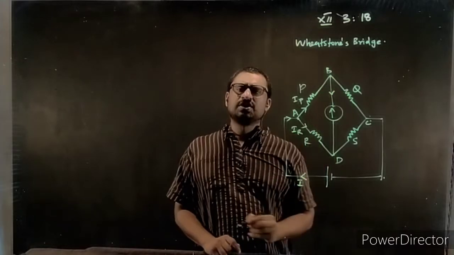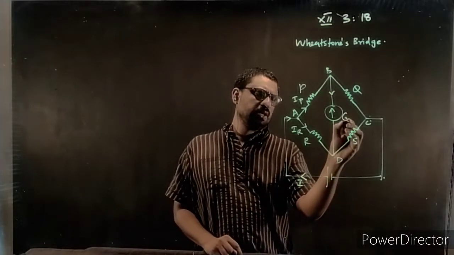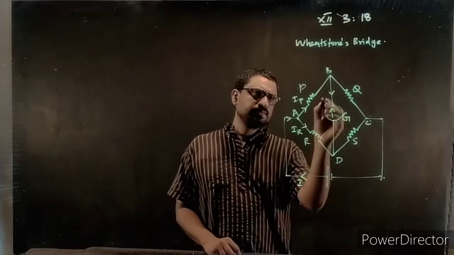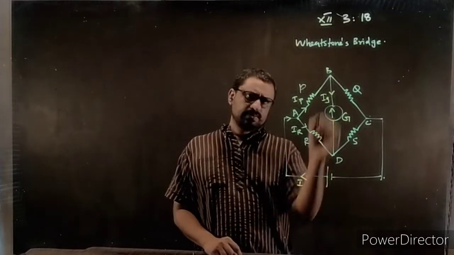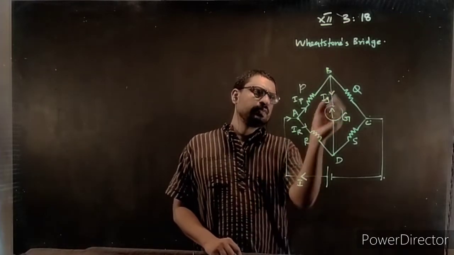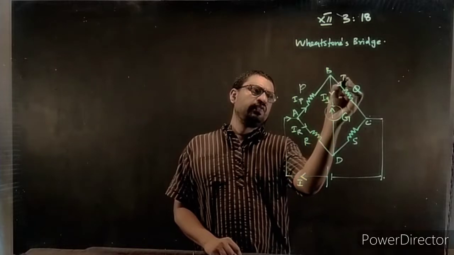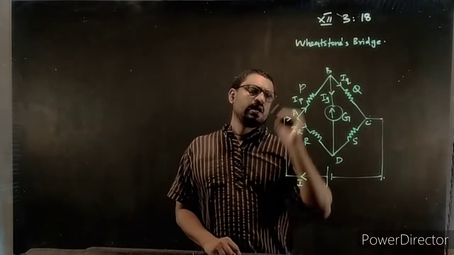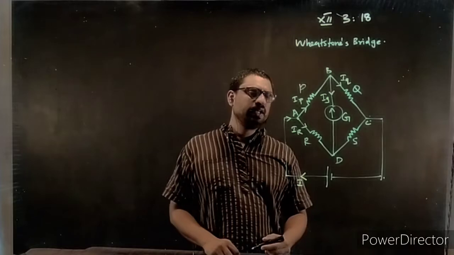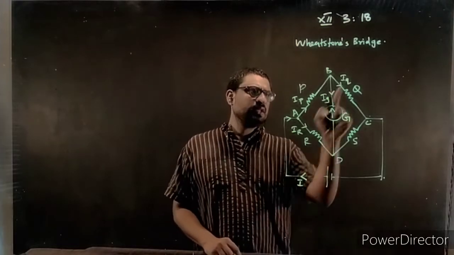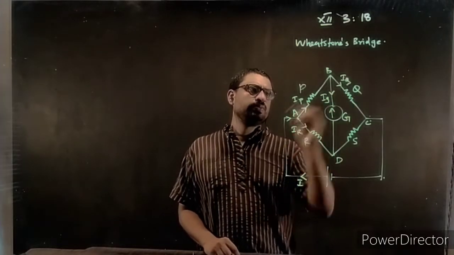This will reach the junction, and let G be the resistance of the galvanometer, with IG the current through the galvanometer. The remaining will flow through Q, and I'm just giving it a name, IQ.